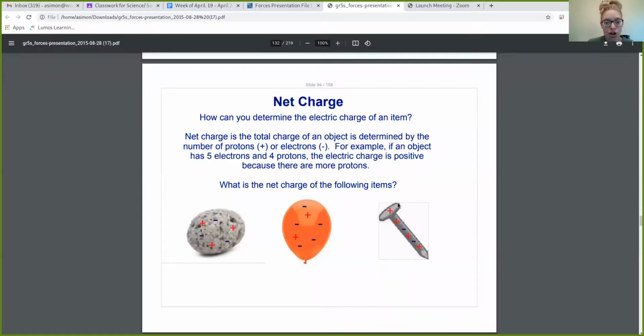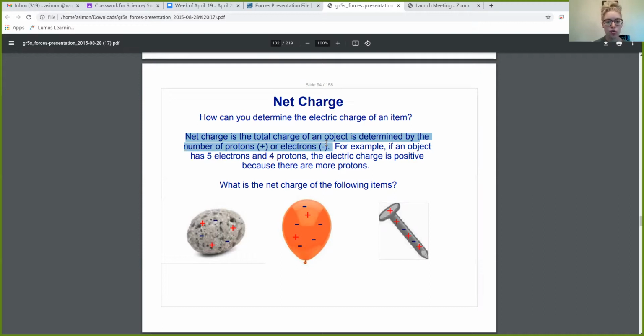All right, so net charge. How can you determine the electric charge of an item? Net charge is the total charge of an object, and it's determined by the number of protons and the number of electrons in the object. Go ahead and put that down in your notes, please.